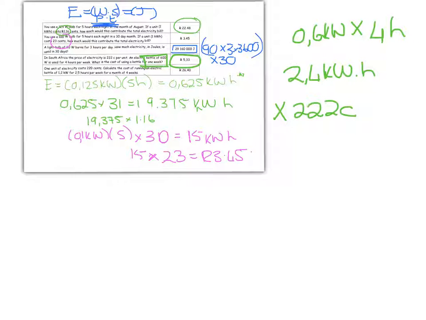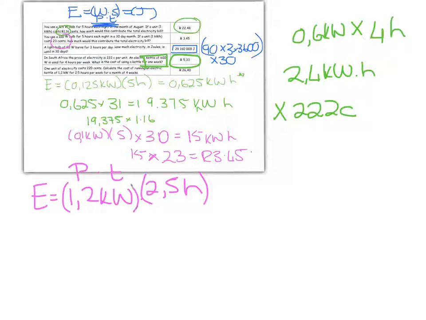1 unit of electricity costs 220 cents. Calculate the cost of running an electric kettle of 1.6 kilowatts. So now it's 1.6. My energy is equal to power times time, and it's kilowatts multiplied by a time of 2.5 hours every week.